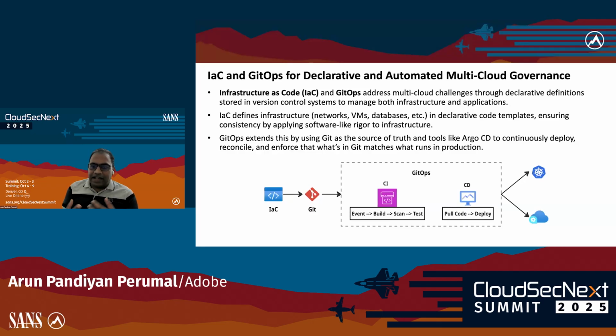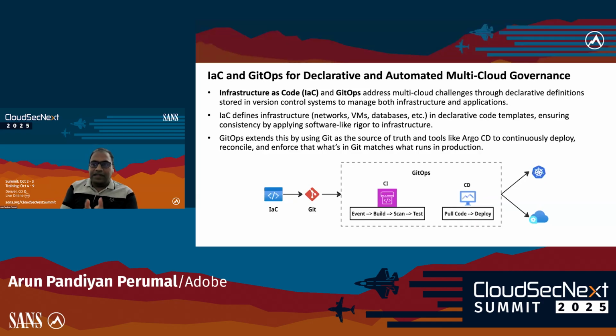It uses Git as the single source of truth, and with tools like Argo CD, we can deploy continuously and make sure what's running in production matches what we define in Git. If something drifts away, like if someone makes changes at the infrastructure level, Crossplane automatically reconciles and restores the resource to what we have in the Git environment.